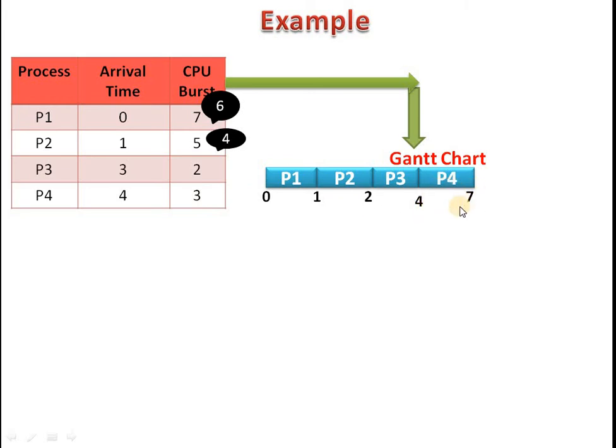After that, P2 gets executed because of smallest CPU burst time. Its remaining time is 4 milliseconds. So 7 plus 4, it's 11. After that, P1 will get executed and its remaining time is 6 milliseconds. So 11 plus 6, that is 17 milliseconds.